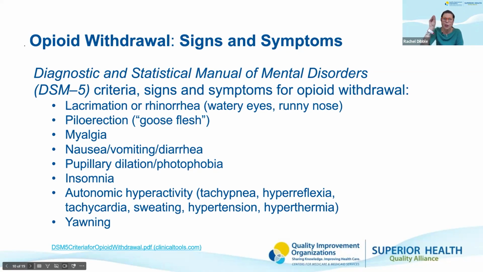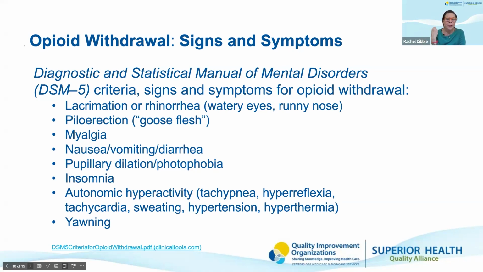That is another critical thinking telltale that can help you figure out what's going on. Insomnia, huge. And then these are the autonomic things you need to look for because, again, central nervous system, and that's affecting your brain. So these are the things that are going to be glaring.